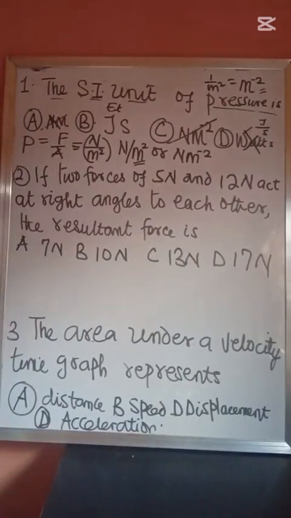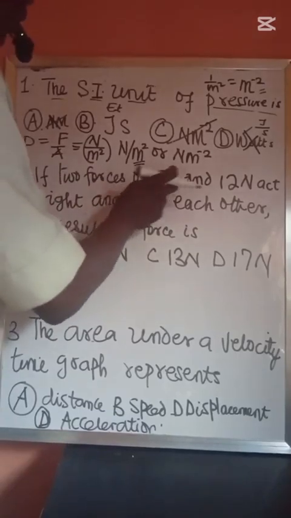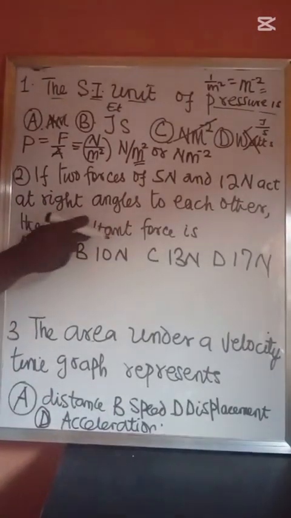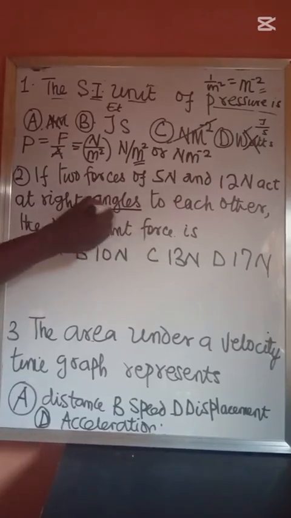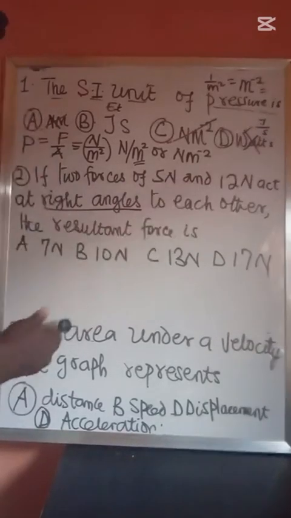Let's go on. Question 2 says, if two forces of 5 Newton and 12 Newton act at right angles to each other, the resultant force is this. Since they are at right angles, the angle between F1 and F2, which are 5 Newton and 12 Newton, is 90 degrees.